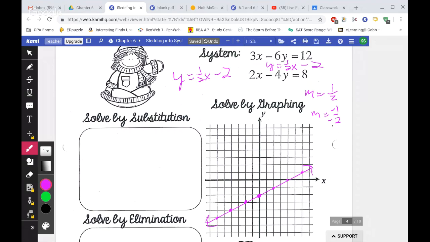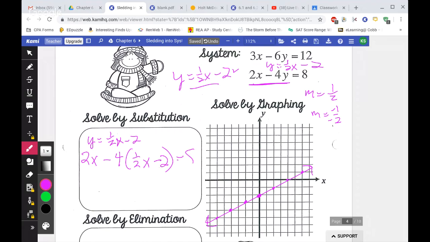And now for substitution, I'm going to go ahead and use one of my lines that's already in slope-intercept form because I've already done that here, and that's really okay. And then I'm going to substitute it into the other one. So I'm going to take 2x minus 4 times 1/2 x minus 2.